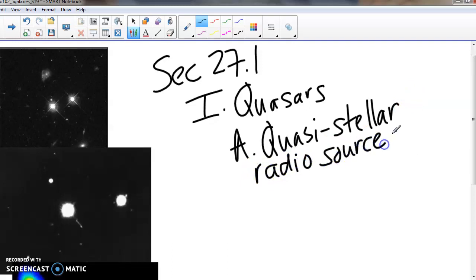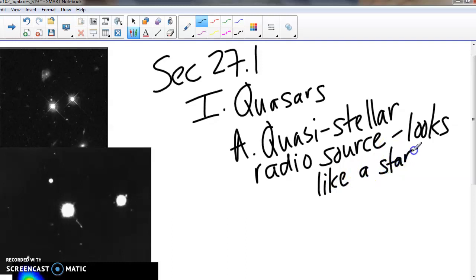Alright, so quasi-stellar radio source. They were really, really bright in the radio, right? Radio source. But they were small and compact, and so they looked like a star. A radio star, so to speak.